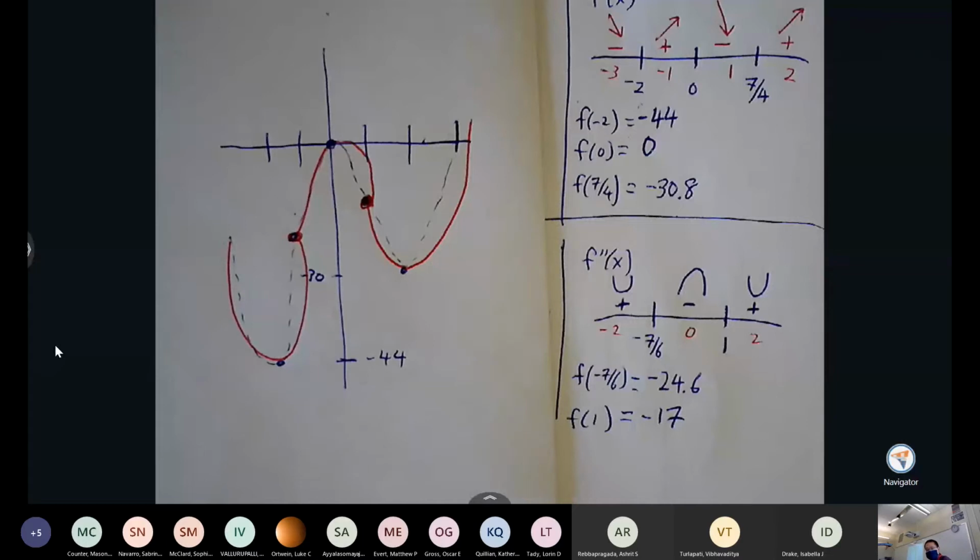I exaggerated my concavity there, but you guys get the idea. Any questions so far?